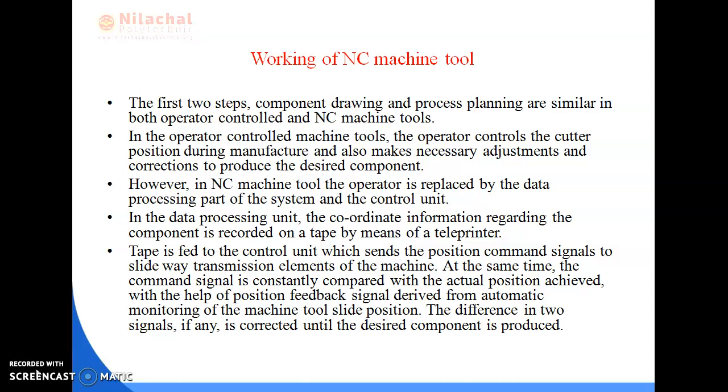At the same time, the command signal is constantly compared with the actual position achieved, with the help of a position feedback signal derived from automatic monitoring of the machine tool slide position. The difference in the two signals, if any, is corrected until the desired component is produced.